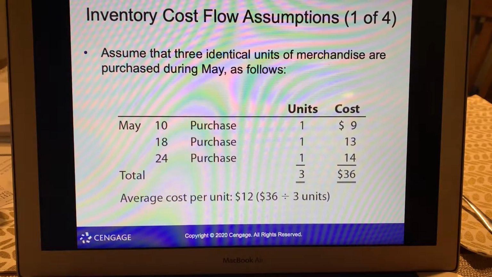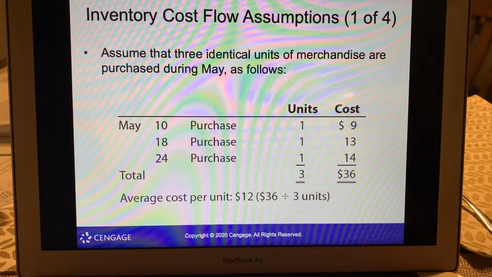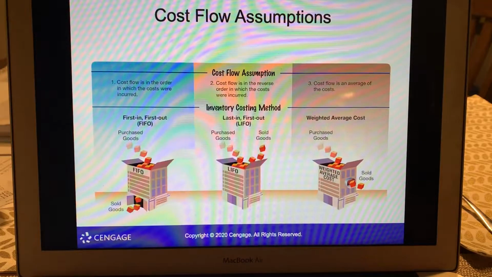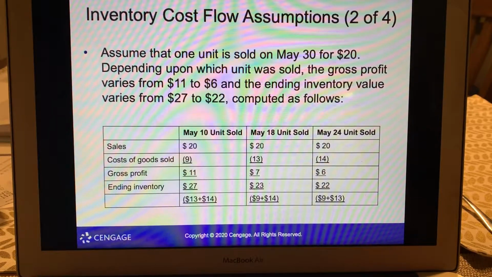Assume that 3 identical units of merchandise are purchased during May as follows: May 10th, 1 unit at $9; May 18th, 1 unit at $13; and May 24th, 1 unit at $14. The total is 3 units, cost is $36, and the average cost per unit is $12, 36 divided by 3 units.